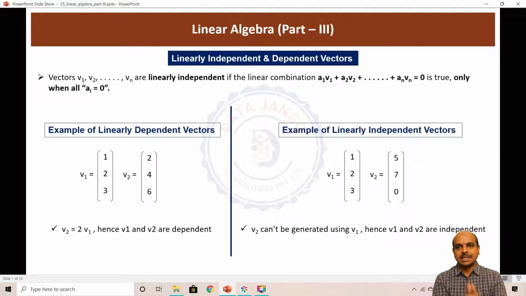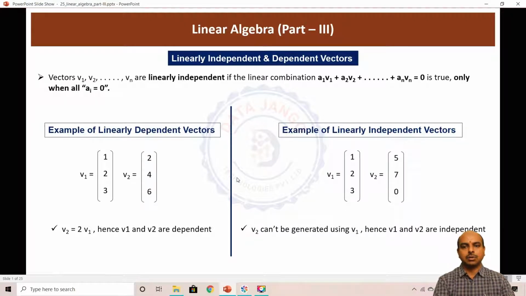Linear dependence and strong correlation are one and the same. Linearly independent: if you look at these two vectors, you cannot generate one vector by multiplying the other vector with any number. So they are linearly independent. Simply understanding, if you can multiply with some number and generate the other vector, then they are dependent. If not, they are independent.